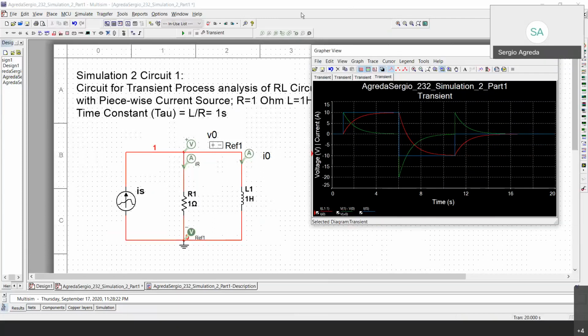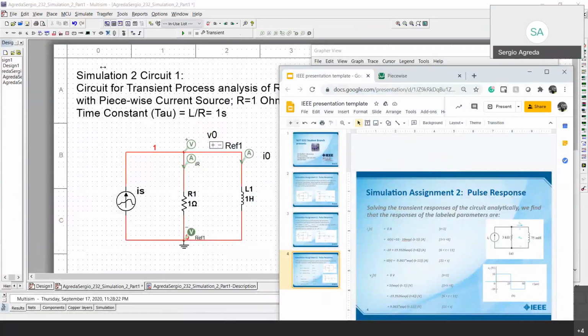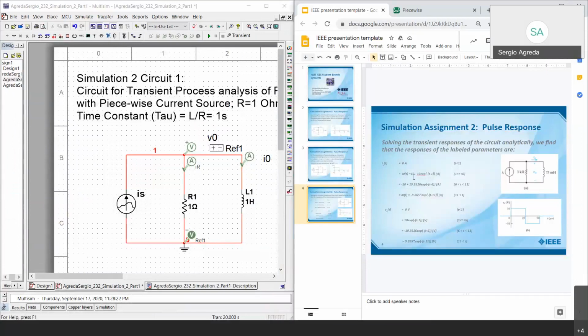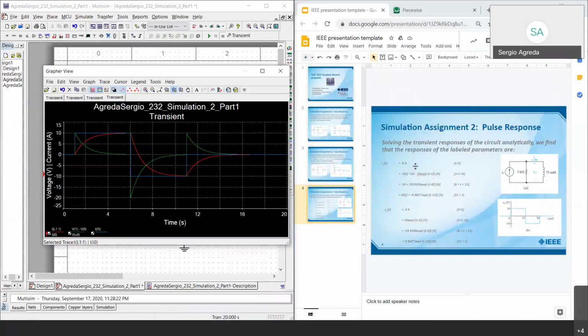And at the same time, after you do your analytical analysis by hand of the actual system, if we compare it, it helps us see if it's making sense. So at the zero time interval of t less than 1, which is around here, the current is 0.